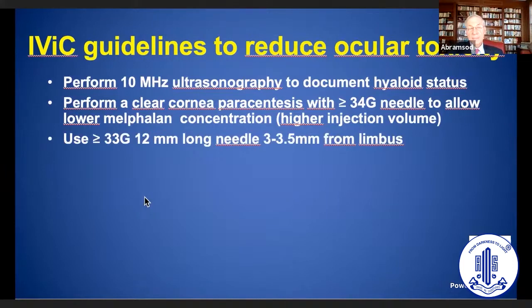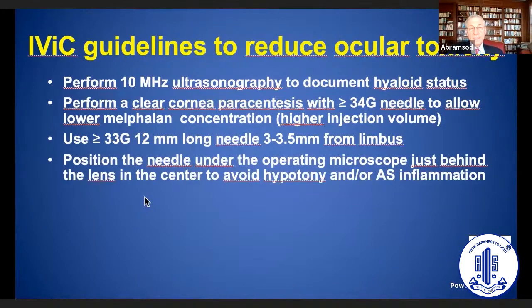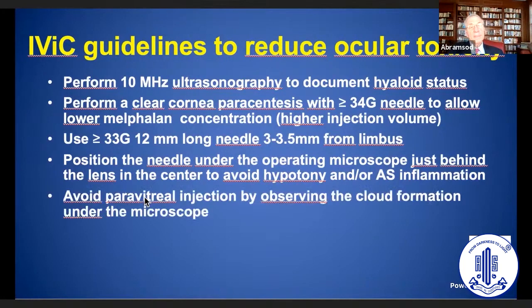To use a 33 gauge long needle, 3 to 3.5 millimeter from limbus, to inject and position the needle under the operating microscope, just behind the lens, in the center, to avoid hypotony and other complications at the level of the anterior segment, like uveitis and things like that.